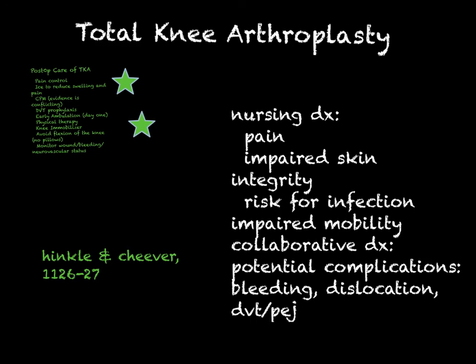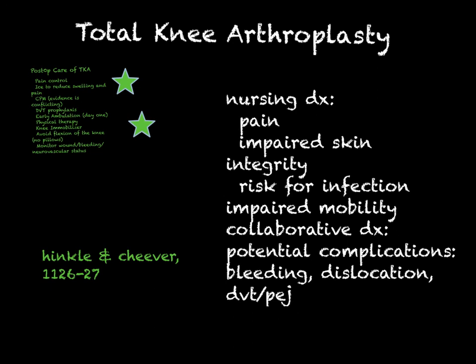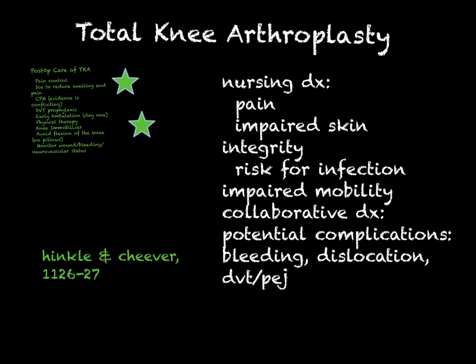Sorry, I added something that shouldn't be there, but all those collaborative diagnoses and all the post-op complications that a patient can get that we're going to worry about. But the basis of your care plan is really going to be, let me fix that, pain, impaired skin integrity, risk for infection, impaired mobility, and then your collaborative diagnoses.